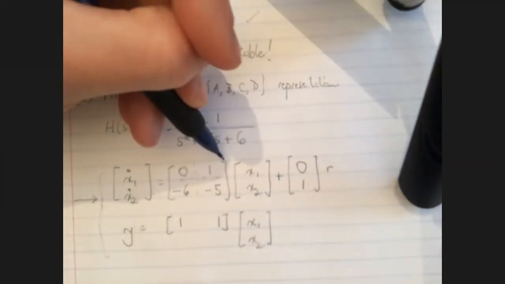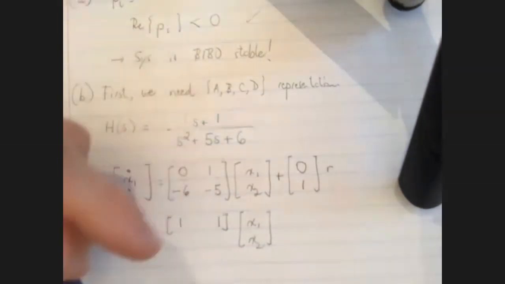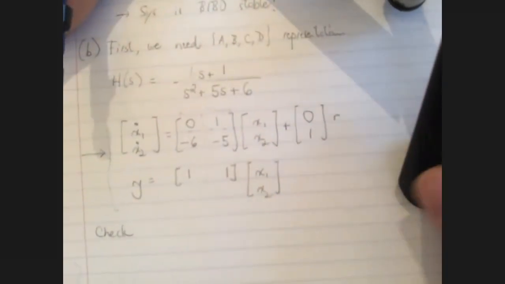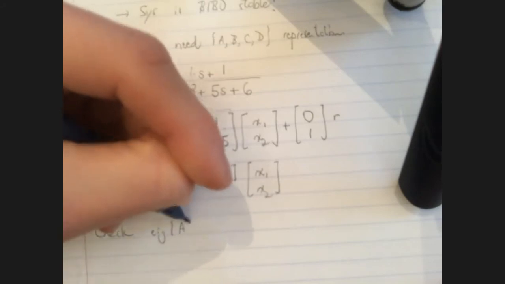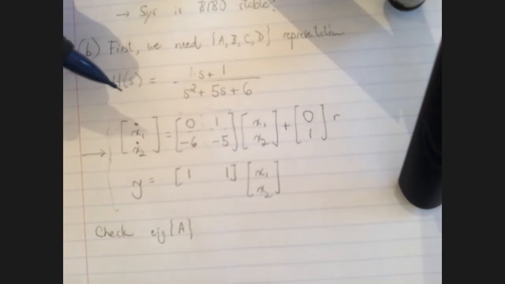And we know this right here is our A matrix. So now we check those eigenvalues of A to determine stability. If you want to take this and put it into Wolfram, you can do that.